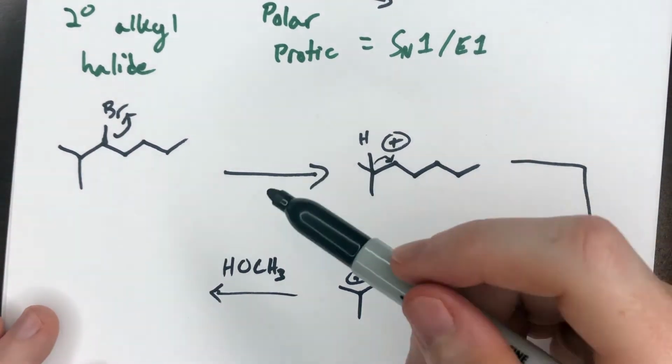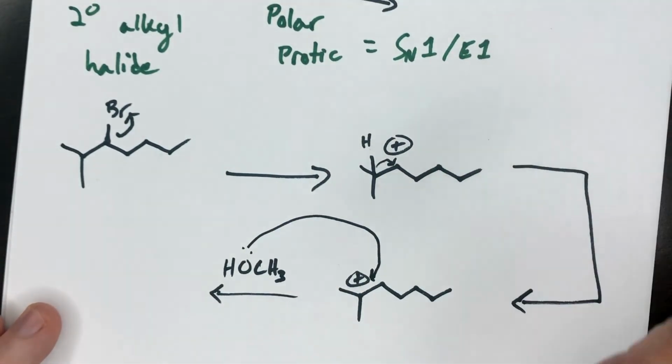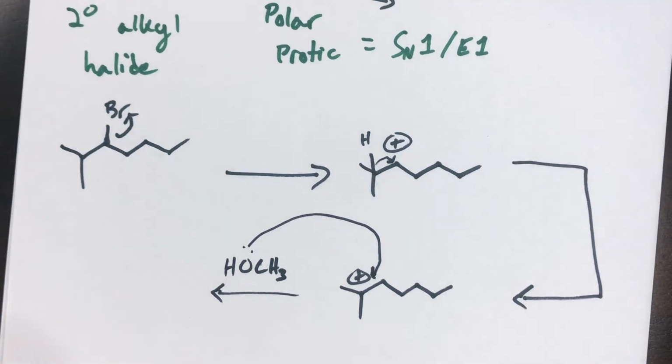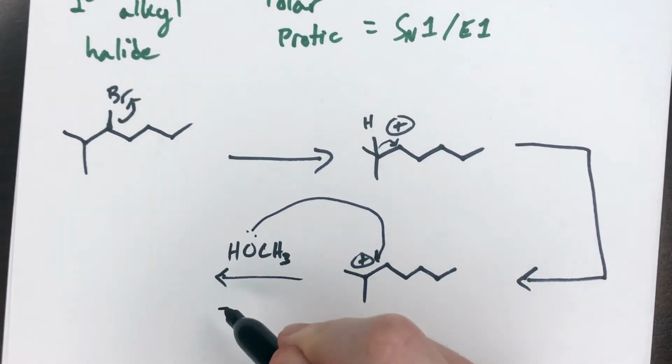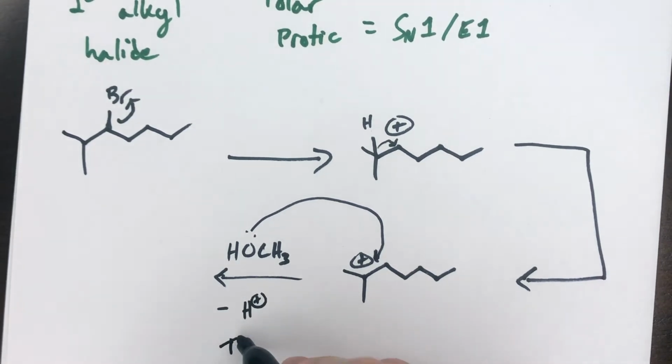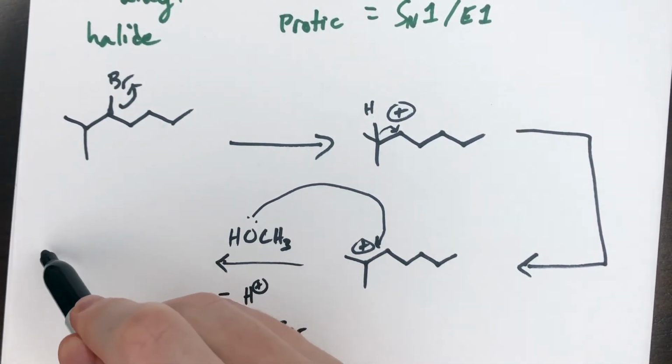So we'll start with the SN1 product. This will attack the carbon that has a positive charge, and then there'll be a proton transfer, which I've already shown that step, so I'm just going to say minus proton transfer, and then that will give you the SN1 product after the proton transfer takes place.